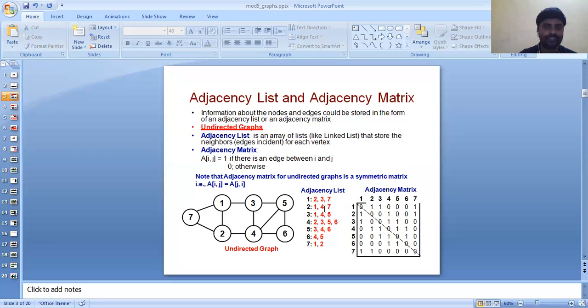Second is 1, 4, 7. Third is 1, 4, 5. Fourth is 2, 3, 5, 6. Fifth is 3, 4, 6. Sixth is 4, 5. And seventh is 1, 2. So according to the present graph, seven adjacency lists are available.